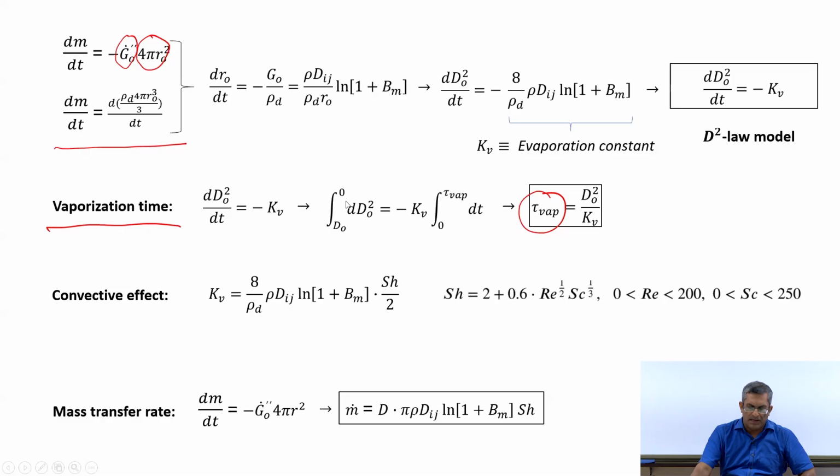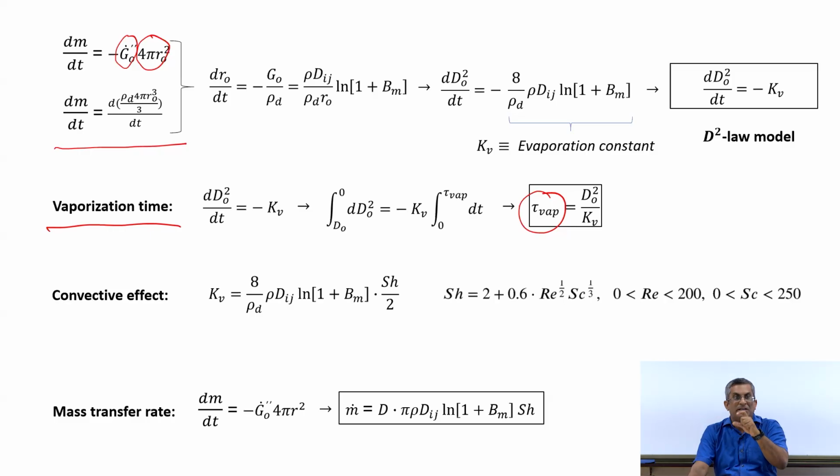So, from d naught to 0. So, if we simply integrate this equation, we get that the vaporization time is equal to d naught square by kV, that is the evaporation constant. Now, this is also a very important result. See, intuitively, we know that if we have a smaller droplet, then it will evaporate quickly. But what is the relation with particle size?